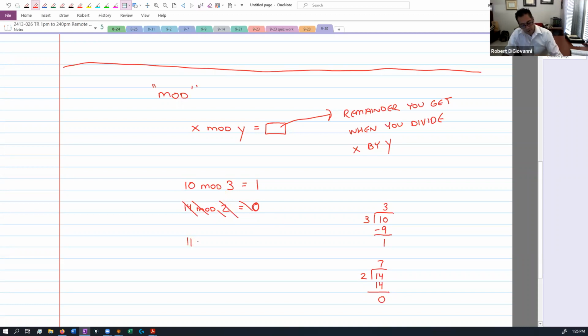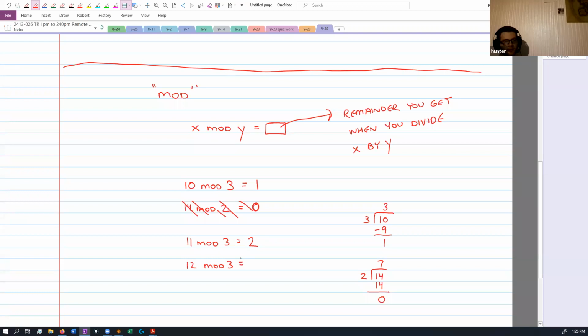Let's do 11 mod 3. What's 11 mod 3? 2. So take 11 divided by 3. You'll have 2 as a remainder. What's 12 mod 3? 0, right? Because 3 goes into 12 evenly, you have no remainder. Let's do 13 mod 3.